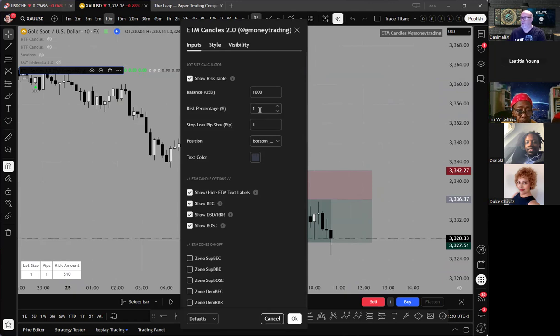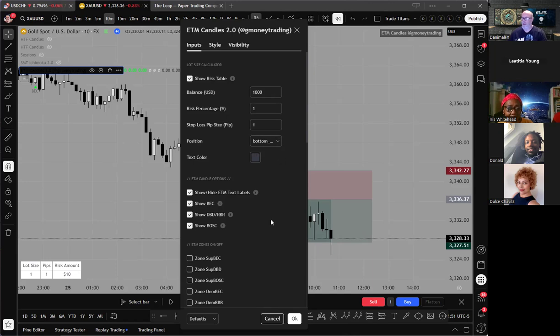Say you want to risk 1% on a $1,000 account, which is basically $10. Each pip, each $1 move in the market, is worth 10 pips. There's 10 pips to $1. That's it. For every dollar is 10 pips.